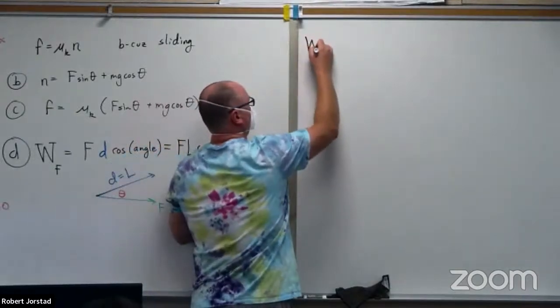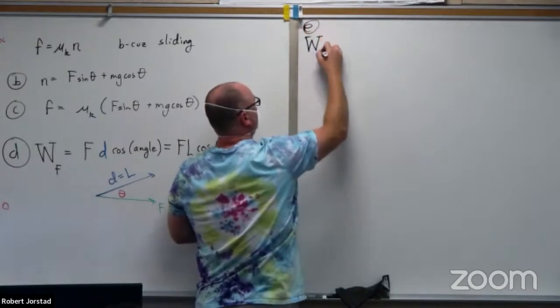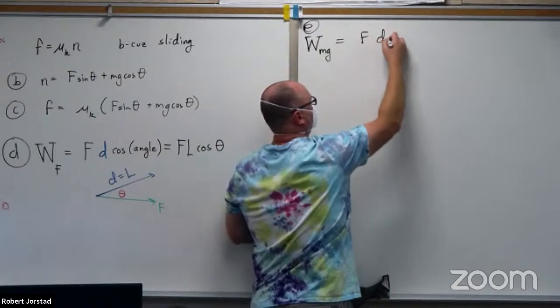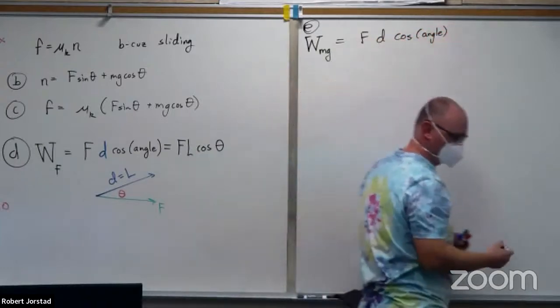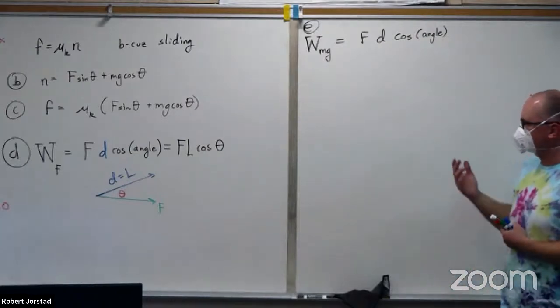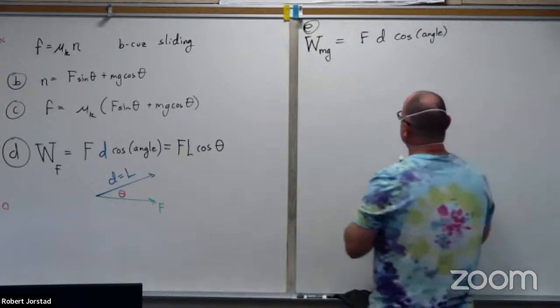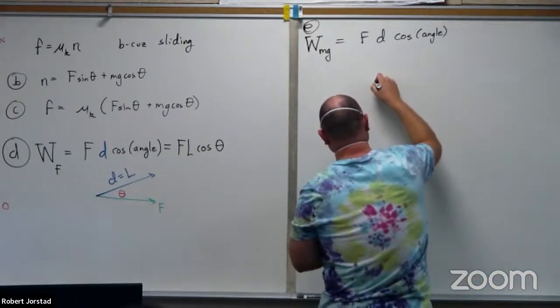I want the work done, and this is part E, the work done by gravity. So it's force, distance, cosine of some angle. Immediately, I'm going to draw a picture, right? Which way is mg? Straight down.